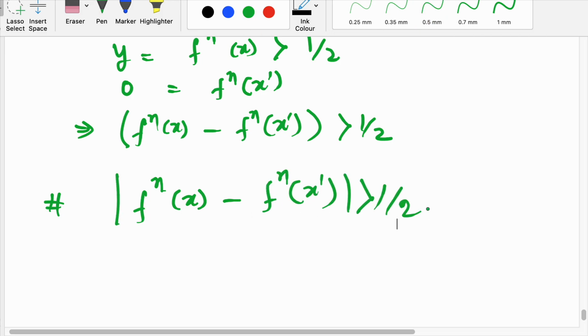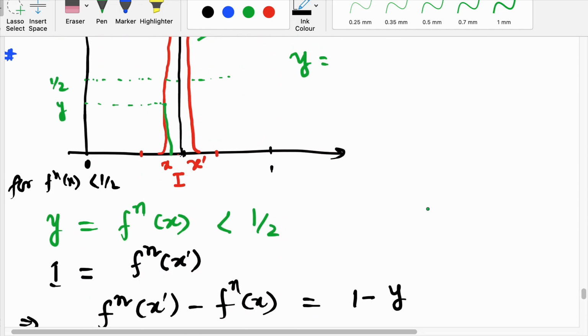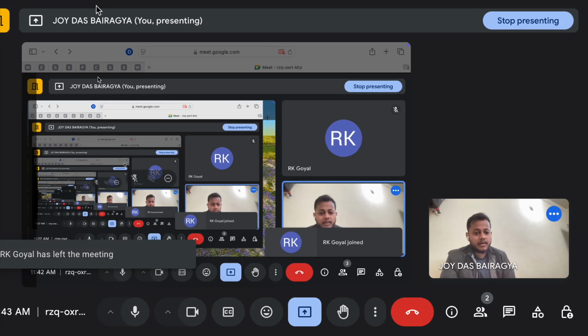So whatever interval you give me, there always exists a point y, or here I use x prime, in that interval, and there exists an n for which this is satisfied. So that tells us that any compact one hump map will be sensitively dependent on the initial condition. One example of such a one hump map is very simple, the logistic map. So that's it.